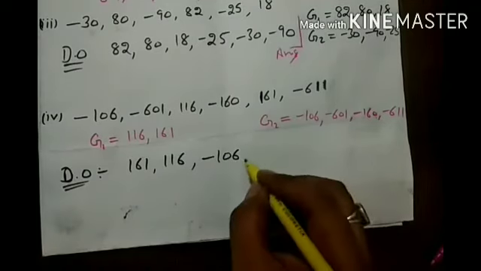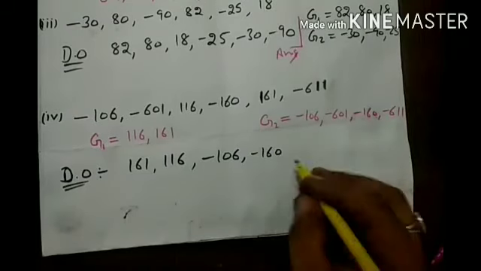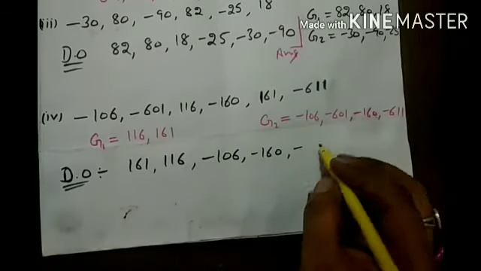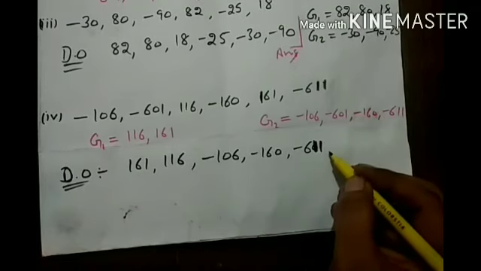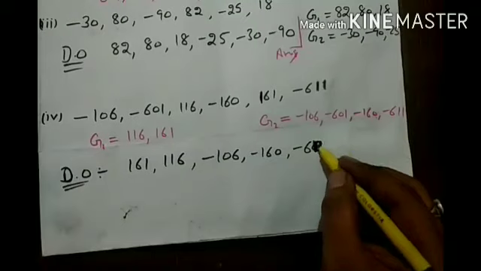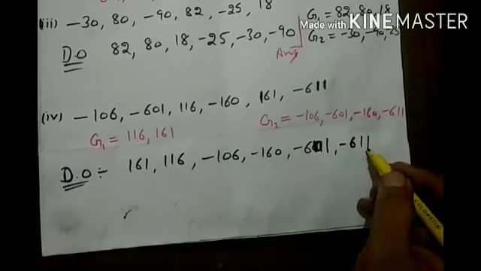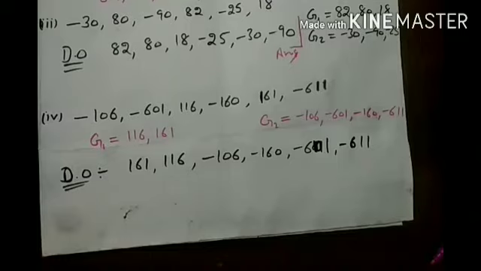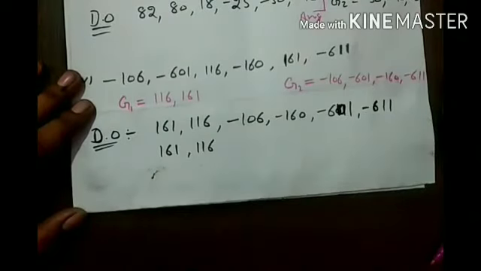After that, -160. Then -601 and then -611, that is smallest.